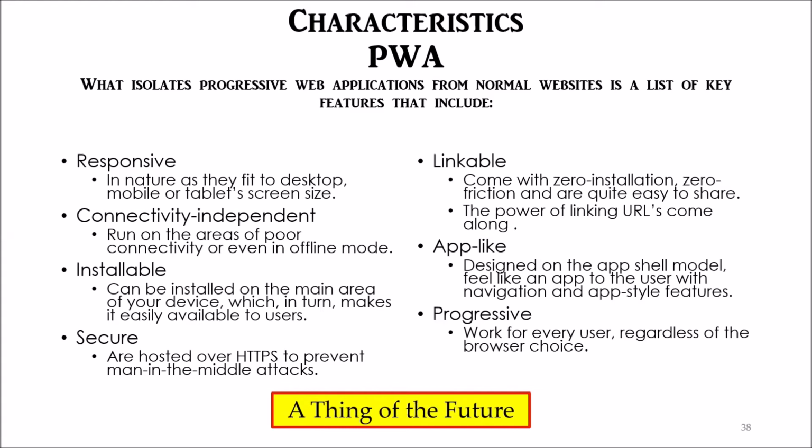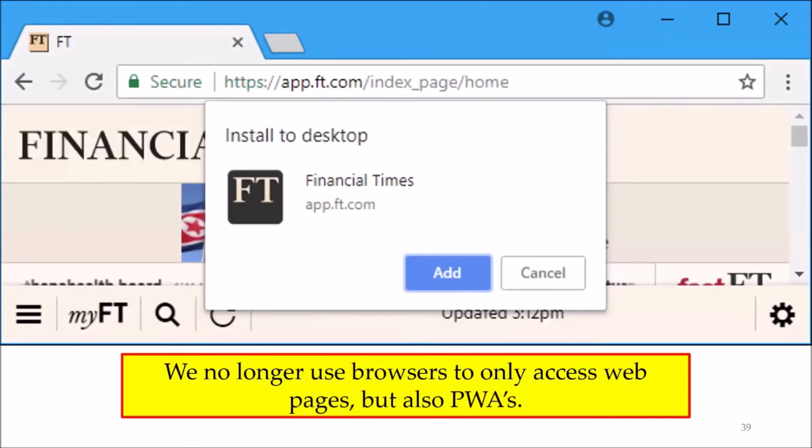So be aware of PWA apps, and Microsoft has some PWA apps already that they've approved. And they're on their website store, on the Microsoft Store. I'll show you those in a minute.